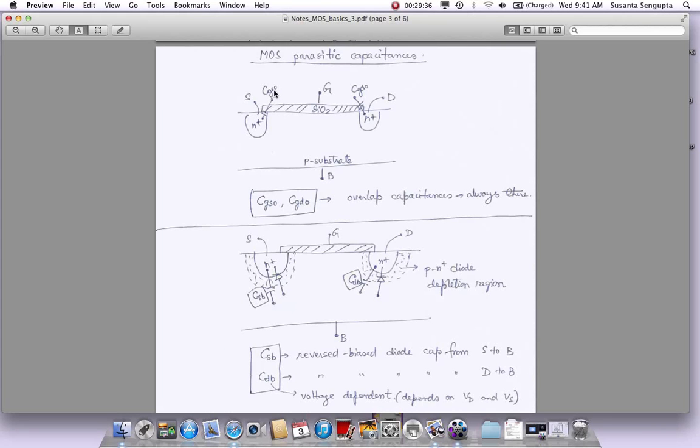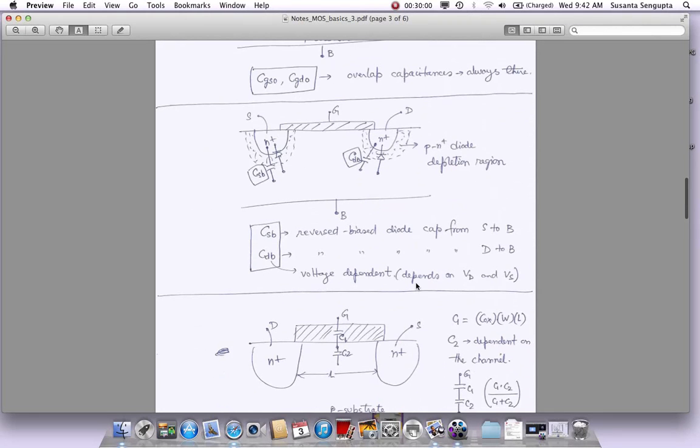Gate to source, O means overlap. CGDO is the overlap capacitance with the drain, and they're symmetrical. Till now I've seen they're always equal, they are not asymmetrical. So this is the first set of capacitances that you get, which are called overlap capacitances.